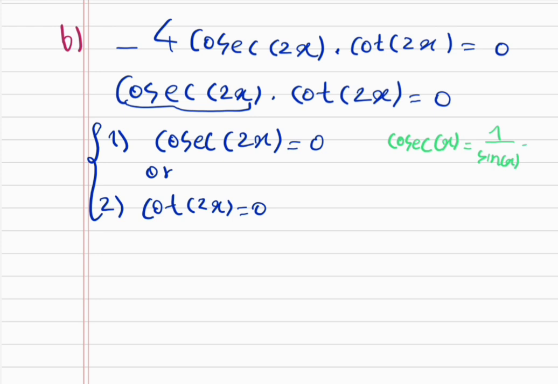And if we say this is equal to 0, we are basically saying 1 over sine x is equal to 0. And the problem is that this is undefined. So you can't have a value here that you get the value of the cosec as 0, because we can't have 0 in the denominator, or we can't have anything that makes the whole thing 1 over something equal to 0.